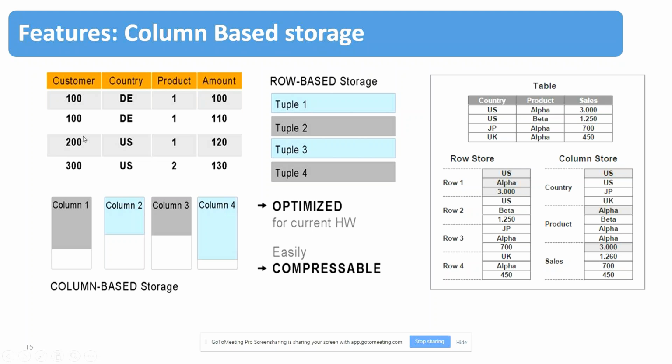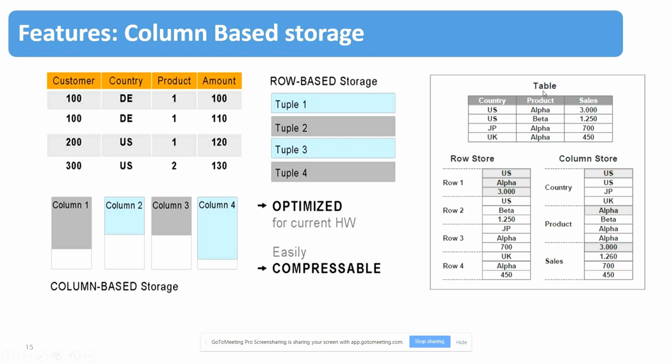The memory addresses are placed together, without splitting into different places, so there is no need to go to different places to get the same kind of data. Here we have the optimization of the hardware, and because the same data type is placed in the same place, there is no wastage of memory address places. So with this we can compress the data.